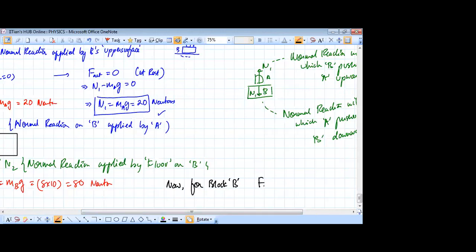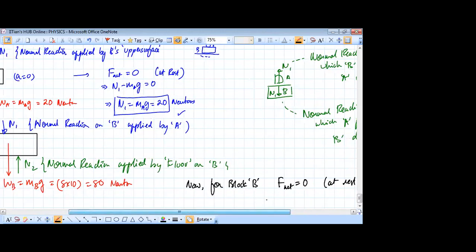The net force should be 0 because it is at rest. Now what is the net force with the directionality? You can see N1 is acting downwards, so minus N1 we'll write. Mg is acting downwards, so minus weight. But which is the force which is acting upwards? N2. So the vector sum of all the forces will be this along the y-axis.